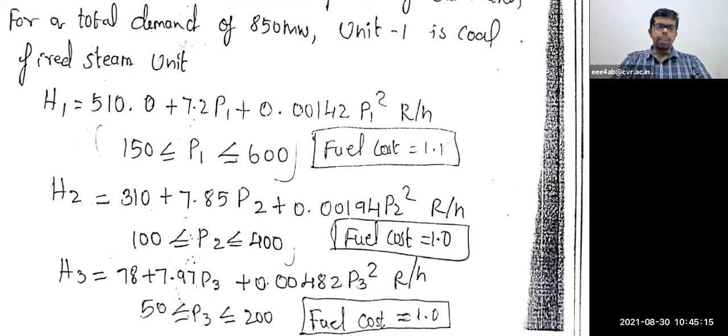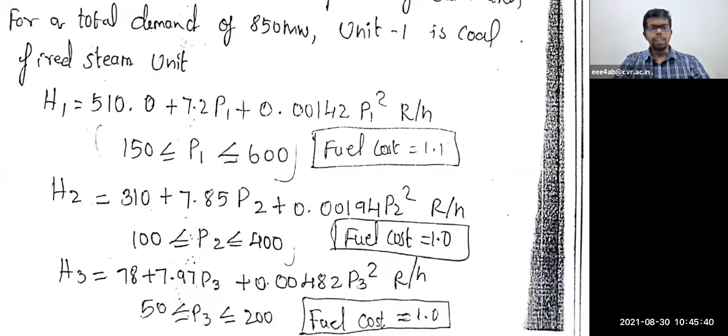The heat rate of the first generating unit is 510.0 plus 7.2 P1 plus 0.00142 P1 square rupees per hour. The minimum and maximum operating limits are 150 megawatt less than or equal to P1 less than or equal to 600 megawatt.